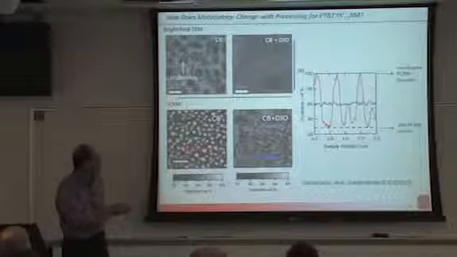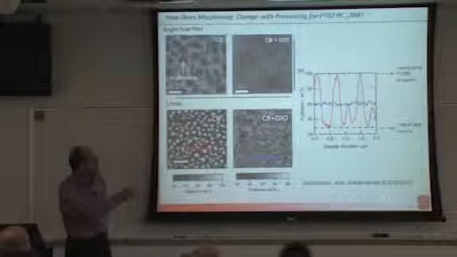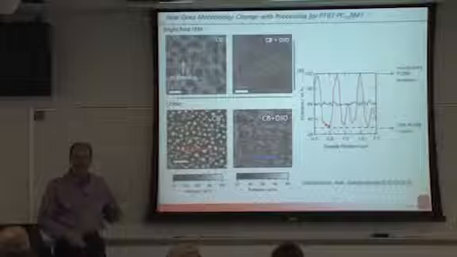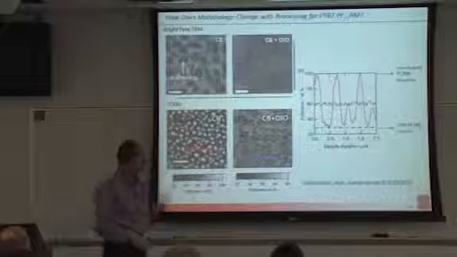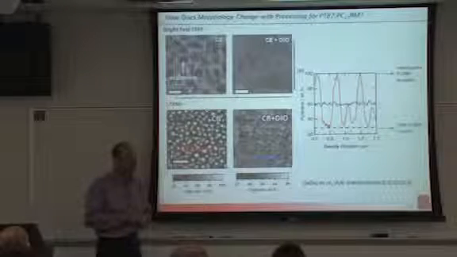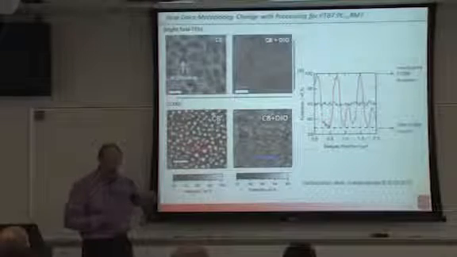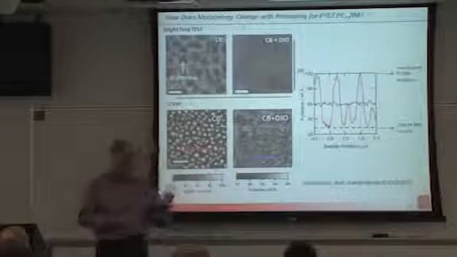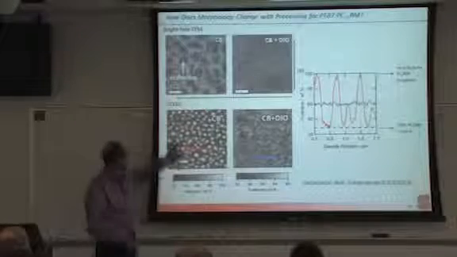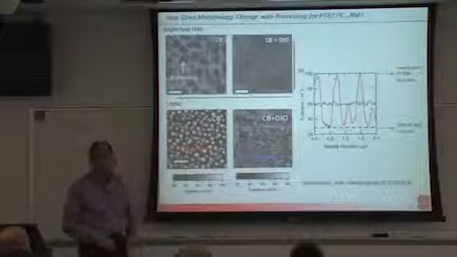If you look at the line scans here, you see that the PCBM droplets are nearly 100% PCBM. These are quantitative measures. By the time you deconvolve the response function of the microscope, and we know there's a wetting layer on those domains, we conclude that essentially the PCBM are pure domains, more or less.